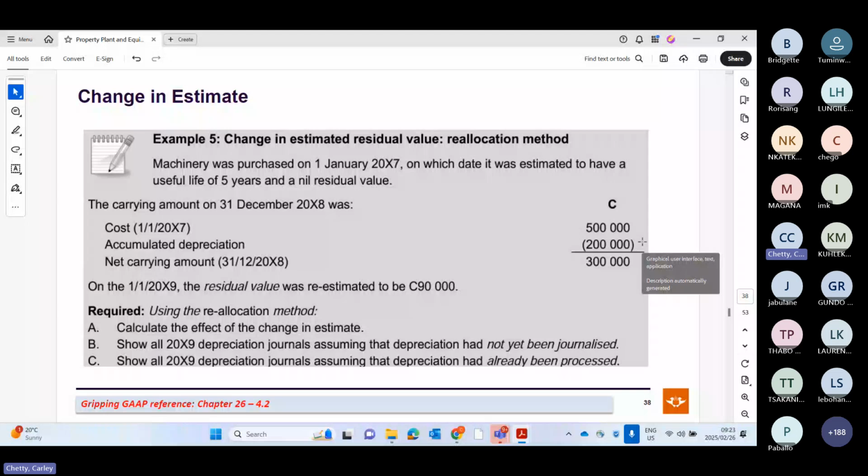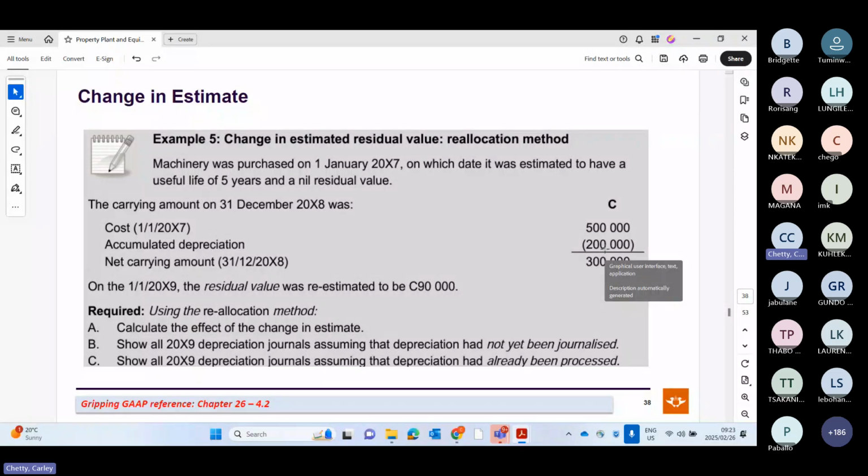So what is our remaining useful life? We take our total useful life, which is 5 years, minus the 2 years depreciation that we have already processed, and that will give us a remaining useful life of 3 years. So the total economic useful life is 5 years, 2 years have gone past, so the remaining useful life is 3 years.